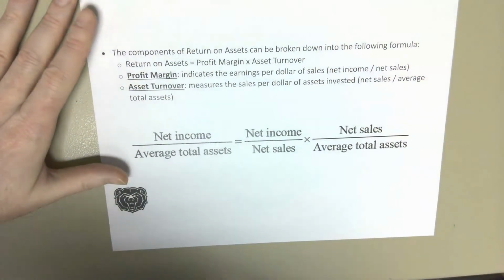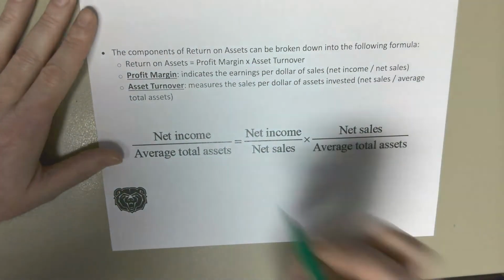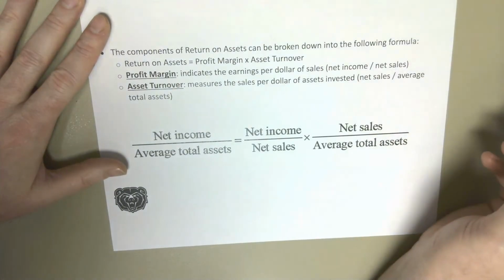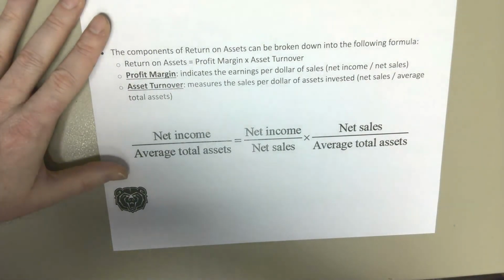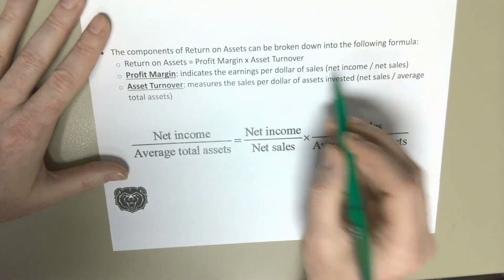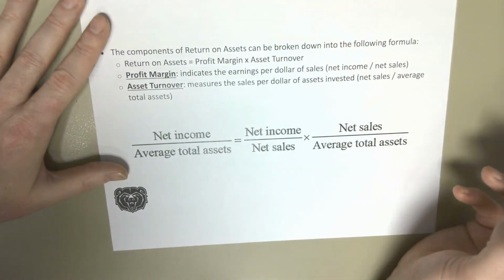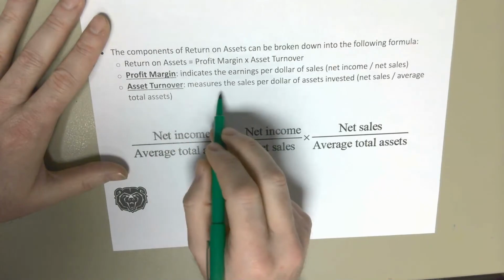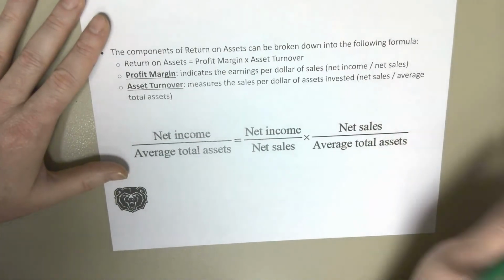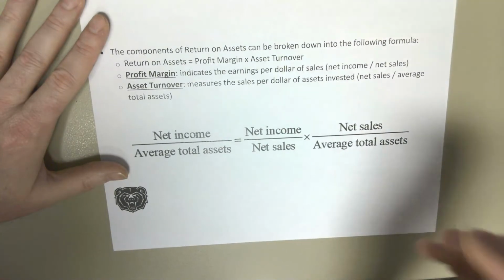So the components of return on assets can be broken down into the following formula. So you can take return on assets equals profit margin times asset turnover. Okay? Your profit margin indicates the earnings per dollar of sales, your net income divided by net sales. And your asset turnover measures the sales per dollar of assets invested, net sales divided by average total assets.